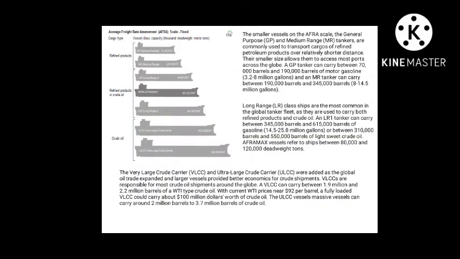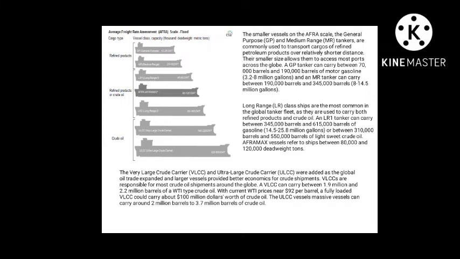So this is the average freight rate assessment or AFRA scale about the cargo types. Refined products are general purpose or GP at about 10,000 to 25,000 deadweight tons, and MR or medium range. Refined products or crude oil cargoes are carried by LR1 or long range 1, the Aframax, and the LR2 or long range 2.